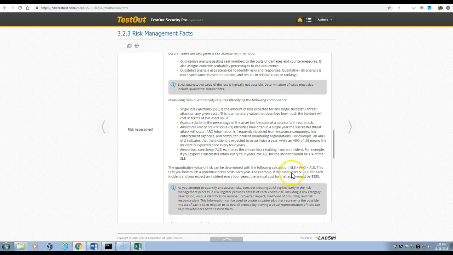The formula for the quantitative value of risk can be determined by the following calculation: the SLE, which is the single loss expectancy, times the ARO, which is the annualized rate of occurrence, equals the annual loss expectancy.